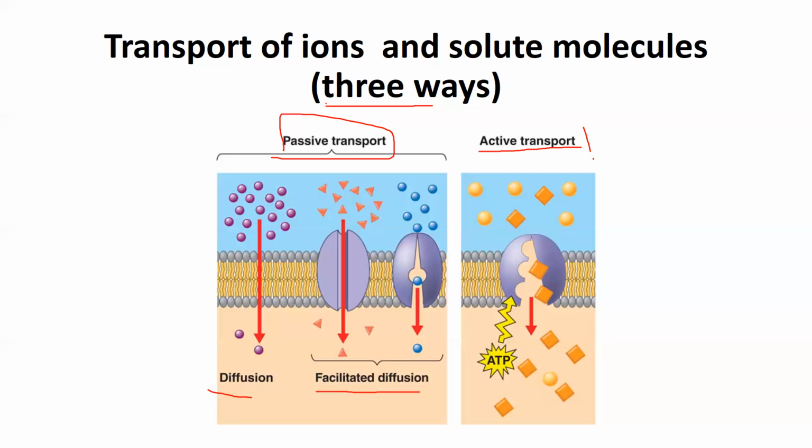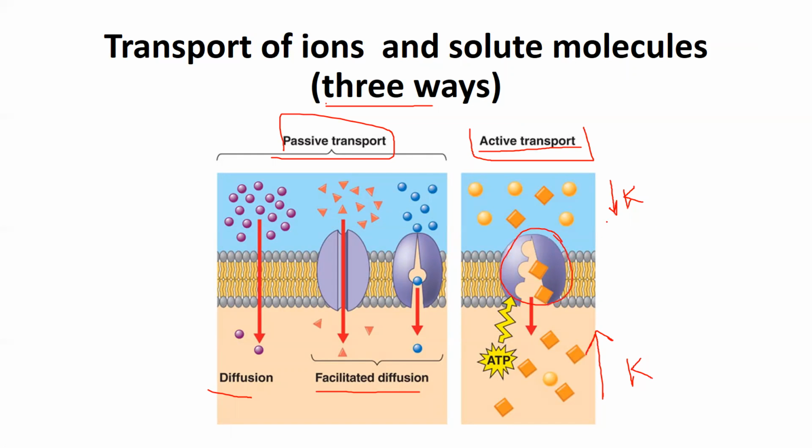Whereas with the active transport, materials are being transported or ions being transported against their concentration gradient. So for example, here we have high concentration of potassium, and here we have low concentration of potassium. This protein would transport potassium against its concentration gradient.